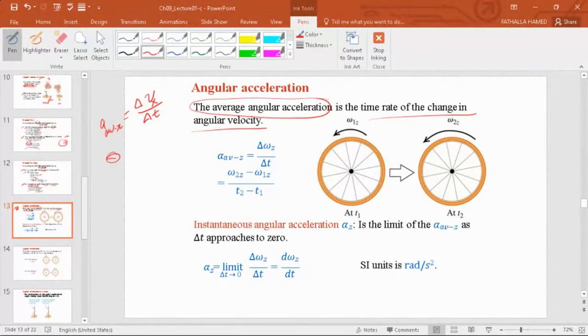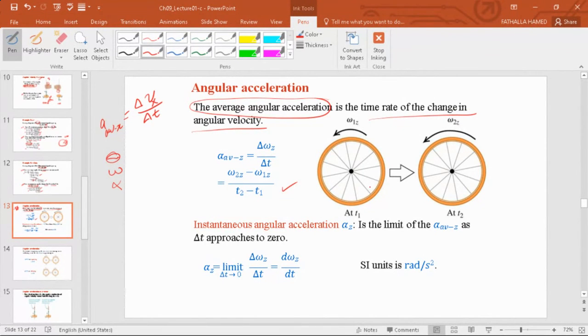So theta is for angular position, omega for angular velocity, and alpha is for angular acceleration. So we say alpha average z, and z here means around the z axis, it will equal delta omega z by delta t, which will be omega 2z minus omega 1z over t2 minus t1. And this basically gives you your average angular acceleration.